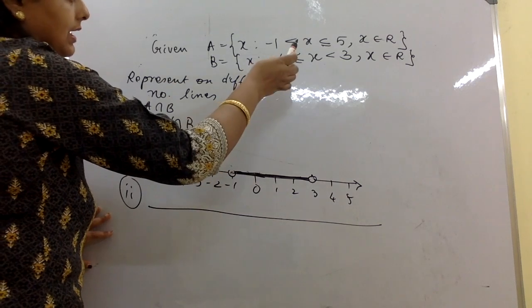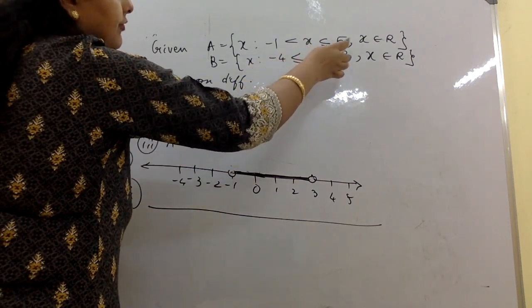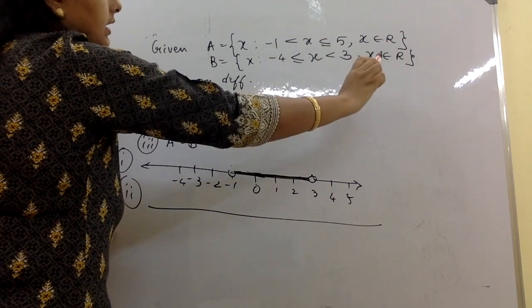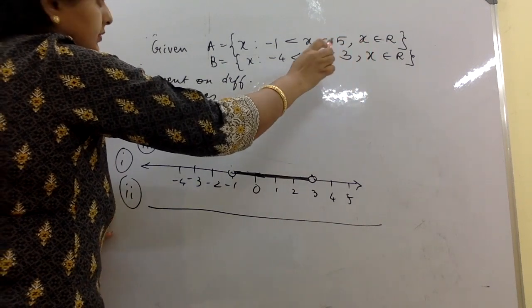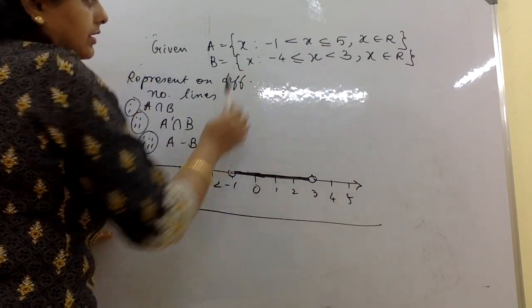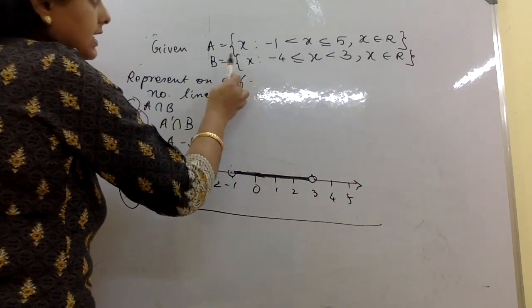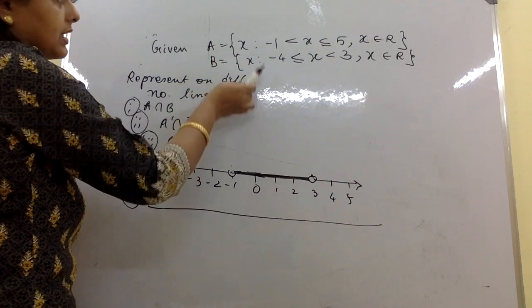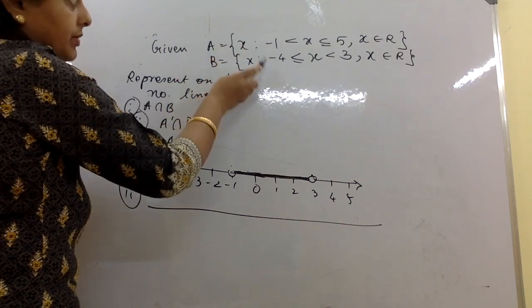Okay, and this side, till 5 it belongs to A and B ends before that. So if I see this side, I get a common part between A and B. Okay, between A complement and B.